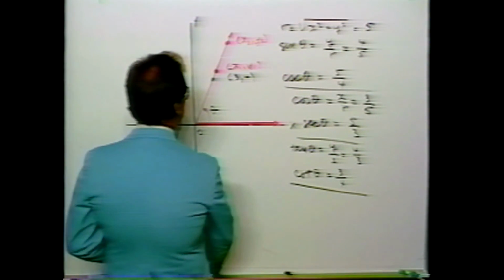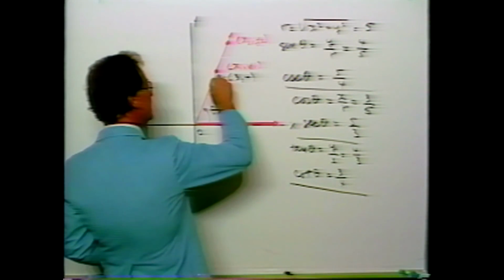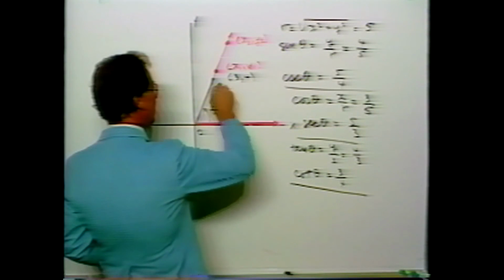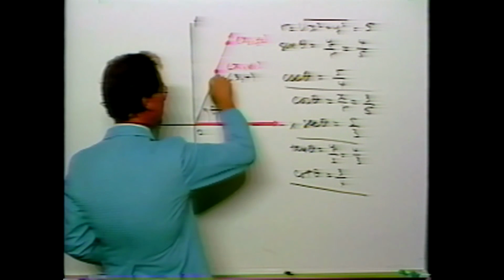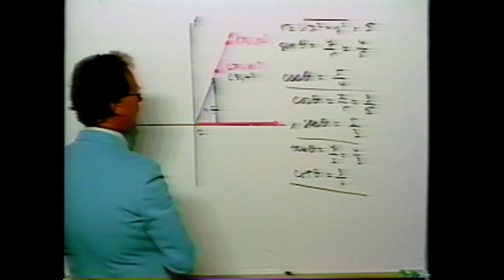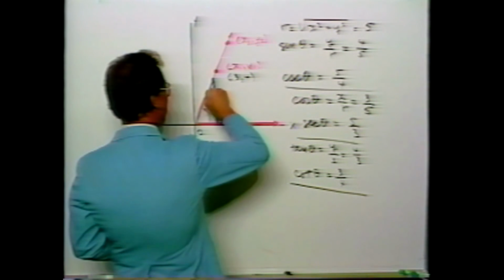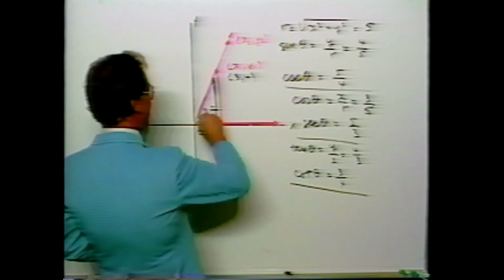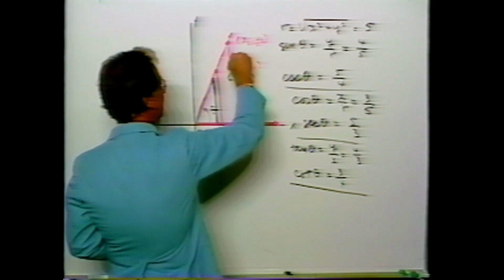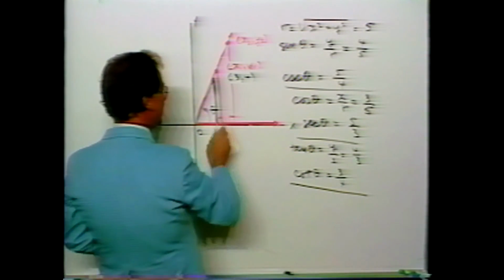If I complete the right-angled triangle using those points, here I have the one right-angled triangle with coordinates 3 and 4. Then I have another right-angled triangle here using x1 comma y1. And finally I have a third right-angled triangle going through x2 comma y2. These are all right angles.